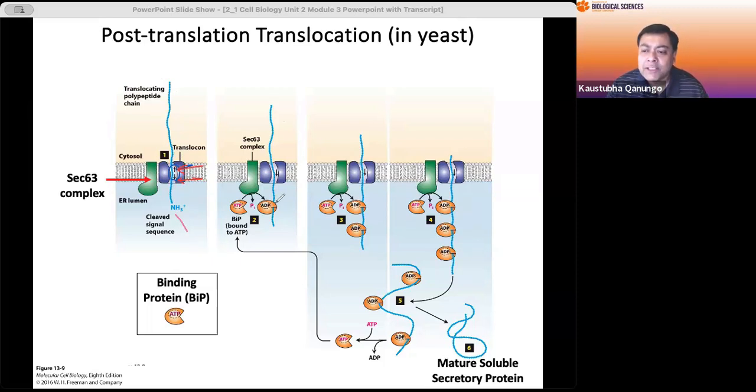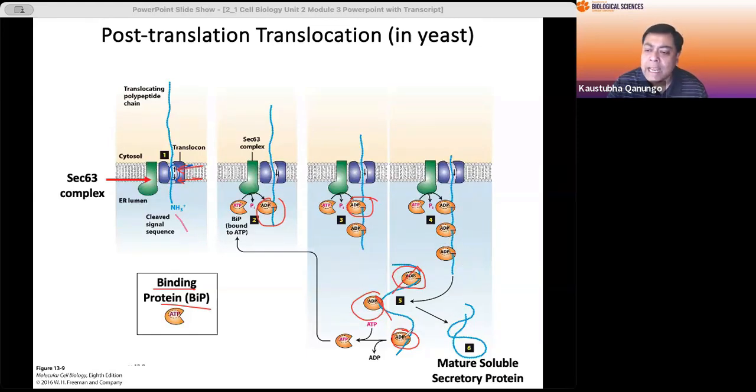So how is the backslide prevented? As soon as the protein is inserted to some extent into the lumen, they are added with this BIP protein, binding protein, and they are just like beads. The BIP will not allow the protein to backslide because they are much larger than the lumen of the translocon.